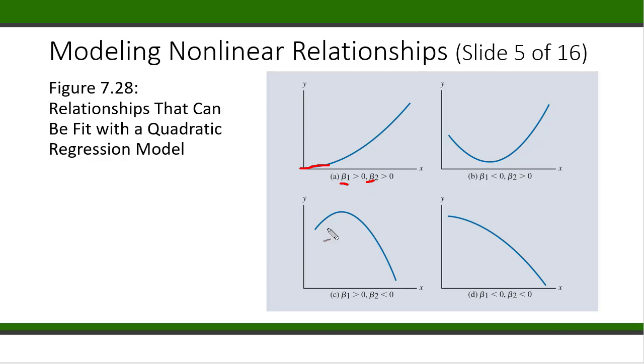Both beta 1 and 2 have to be positive. If we look at this inflection point, that's where the direction changes. Beta 1 is going to be negative, right? As we increase this value, y is coming down. But at some point, as we increase this value, y starts back up. So beta 2 is going to be greater than 0.